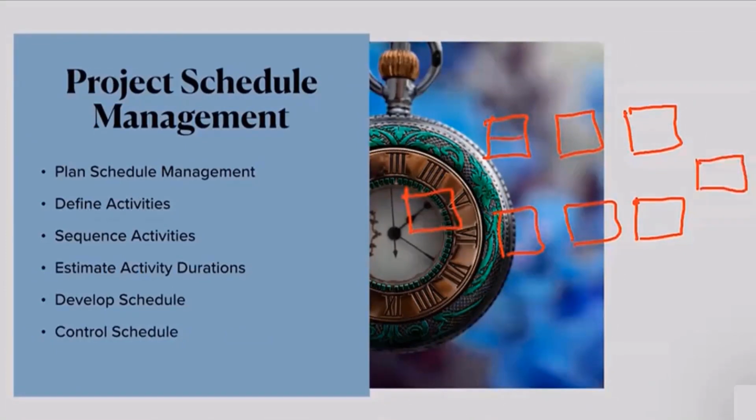Against each activity, we assign a time, so activity A, 12 days, activity B, 15 days, something like that. And then the path which takes the most number of days to reach the finish, it could be this way or this way, that path is called the critical path. So just keep that in mind.